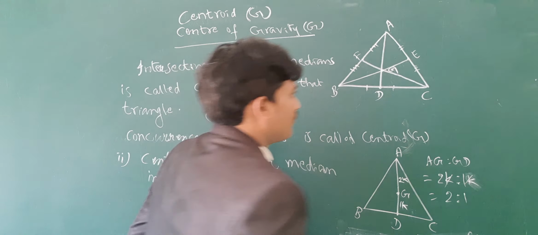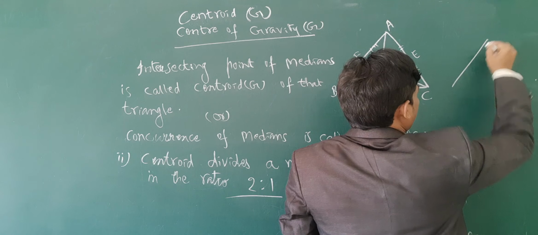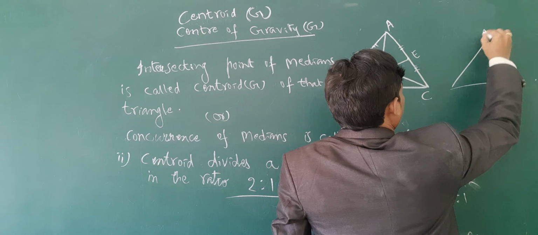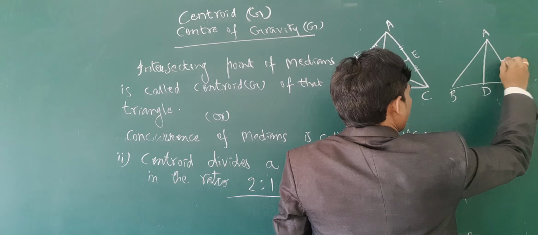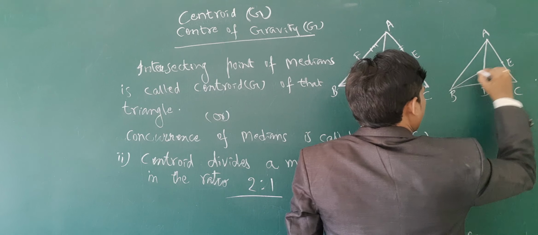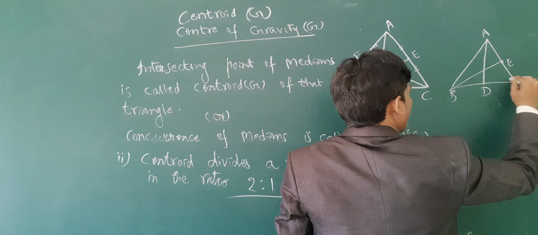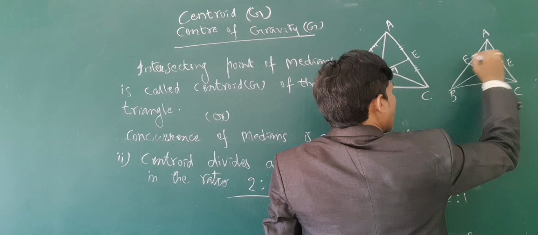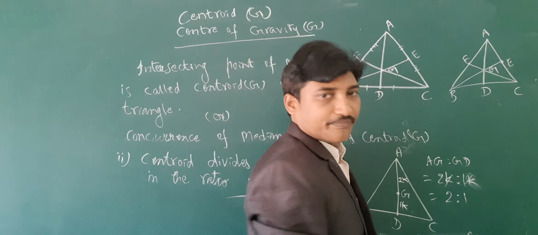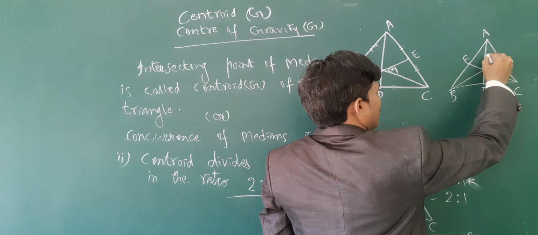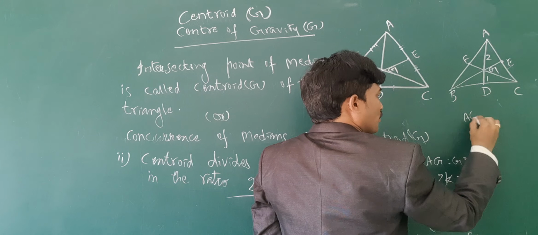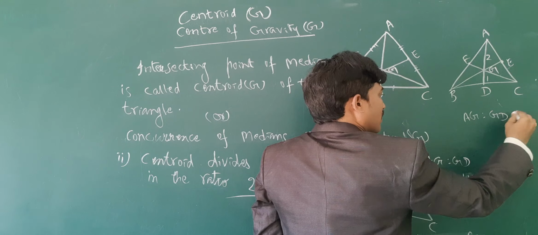As G is the centroid, it divides median AD in the ratio 2:1, that means AG is to GD is 2:1.